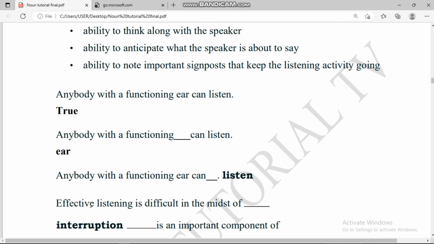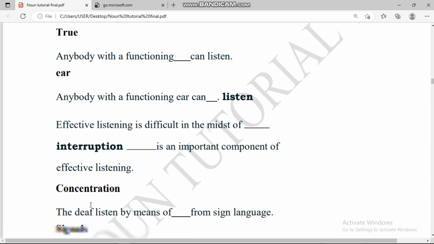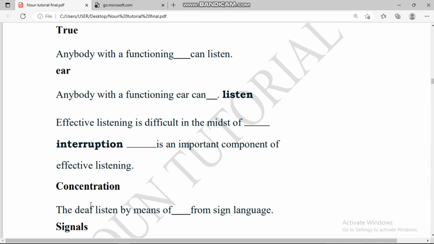Effective listening is difficult in the midst of dash.